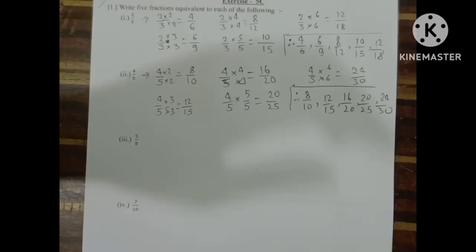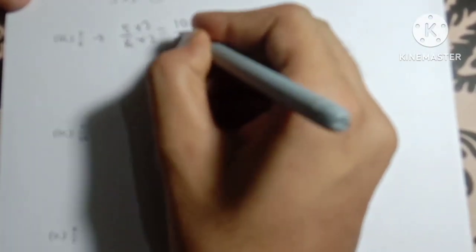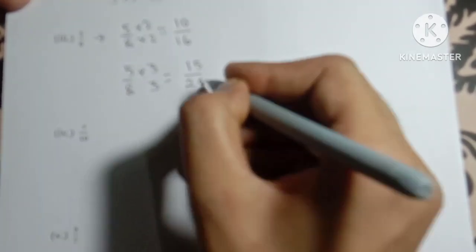Now what we have to do next is find the equivalent fractions of the fraction 5 by 8. The third question is 5 by 8. To find its equivalent fractions, we will do the same thing. We multiply 5 by 8 by the next number, that is 2, so we get 10 upon 16. Again we multiply both numerator and denominator by 3, and here we get 15 by 24.